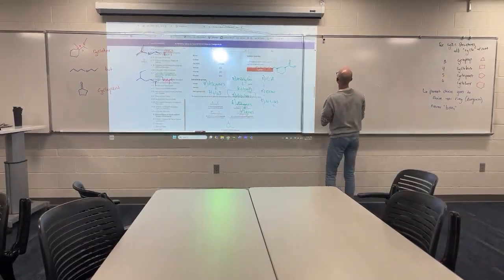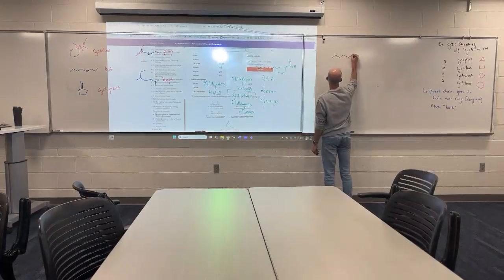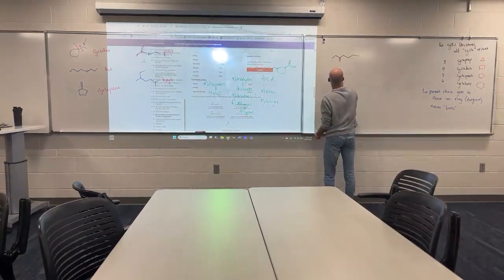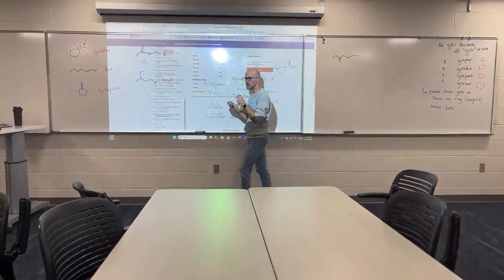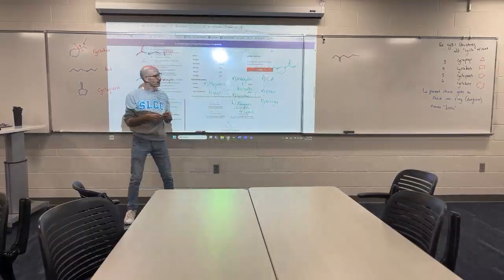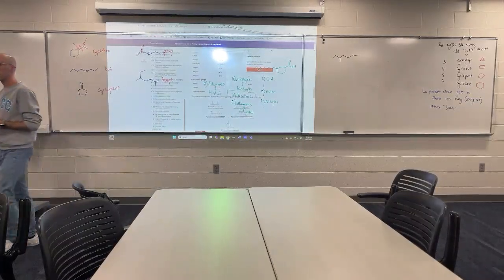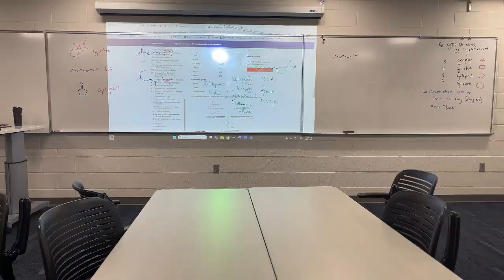And give you guys this structure. What is the longest carbon chain that contains the highest priority functional group?